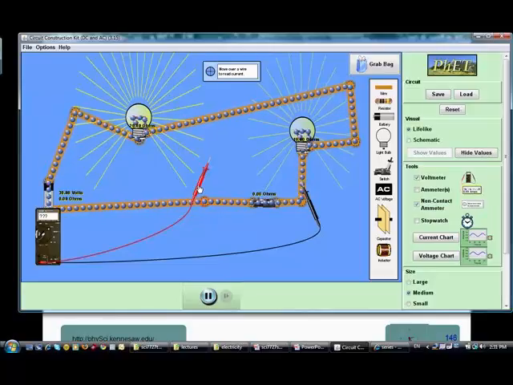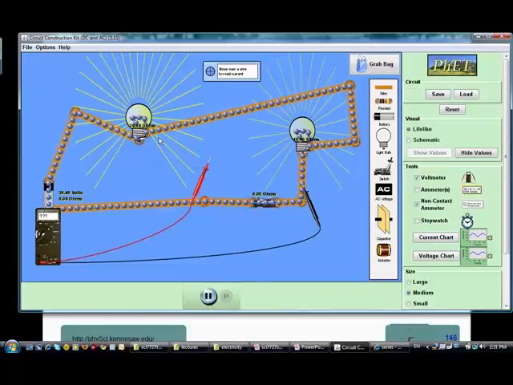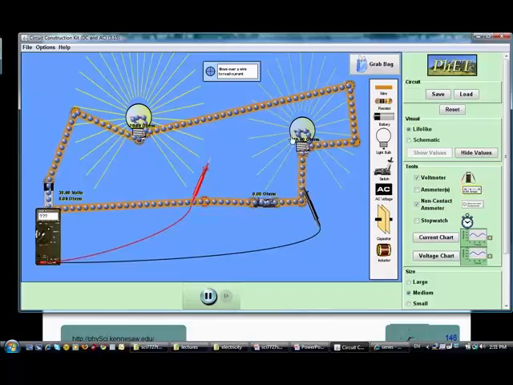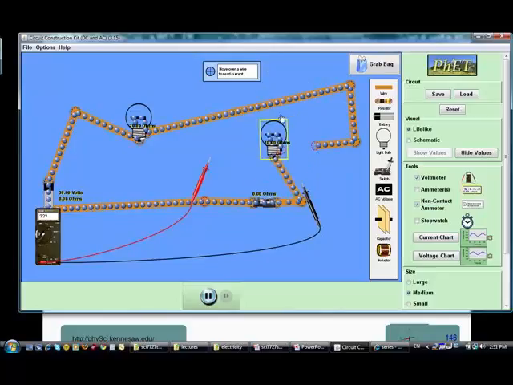Now, the key is, what if I'm going to replace them with another resistor? What resistor should I choose? And what we said a little earlier, we have to add up the resistances. I have 20 ohm and 10 ohm. So I'm going to remove this one here. I'm going to remove it altogether.